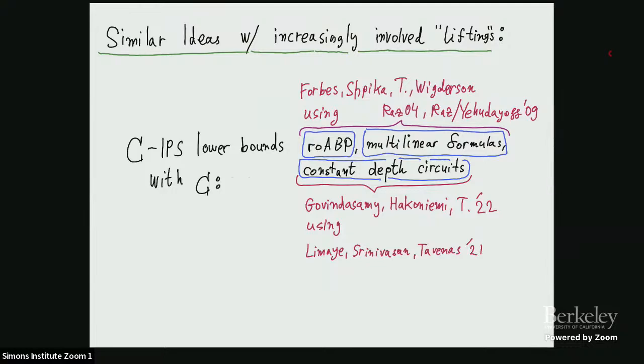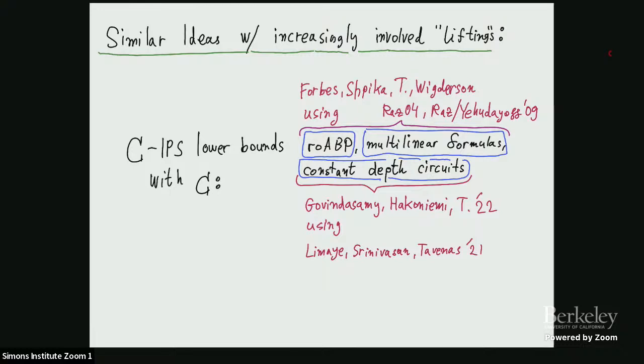So IPS lower bounds: read-once ABPs, multilinear formulas, as Hamlin asked, slightly differently, and constant depth circuits. These two classes of lower bounds for IPS were Frege and Iddo. And this is also, of course, using Raz and Raz-Shpilka.